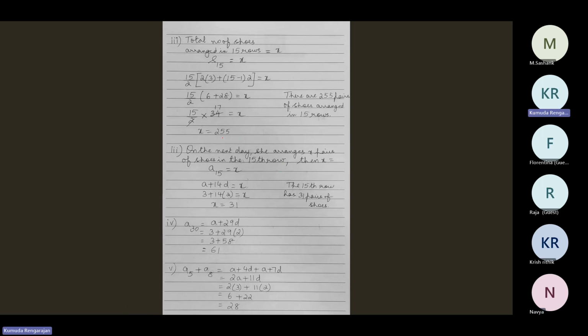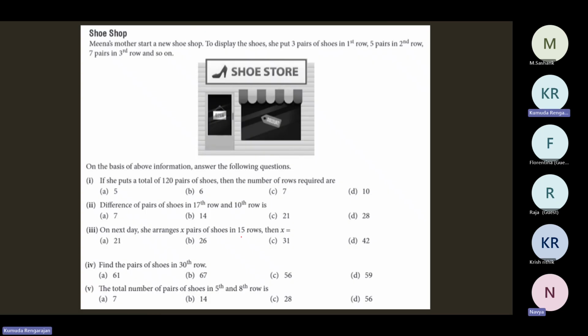Yes, ma'am, that's what. But that option is not here. There's a problem with the question. It should be: on the next day, she arranges X pairs of shoes in the 15th row. Correct? Yes, ma'am. For this question, they've given the options.